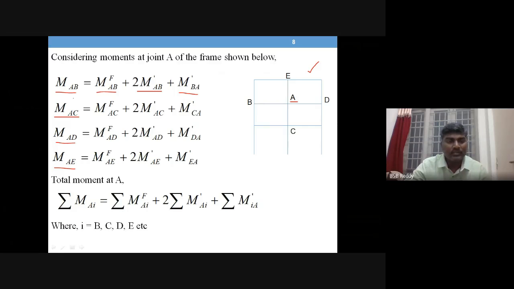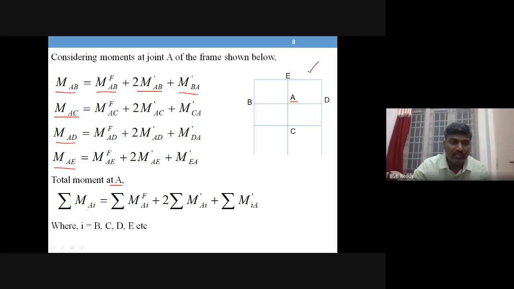So we have written all end moments at A. This is the moment at A from AB, the moment at A from member AC, from member AD, and from member AE. These are all the end moments. Now, the total end moment at A, because there are four members, you will have four values. So I am just combining all of them.